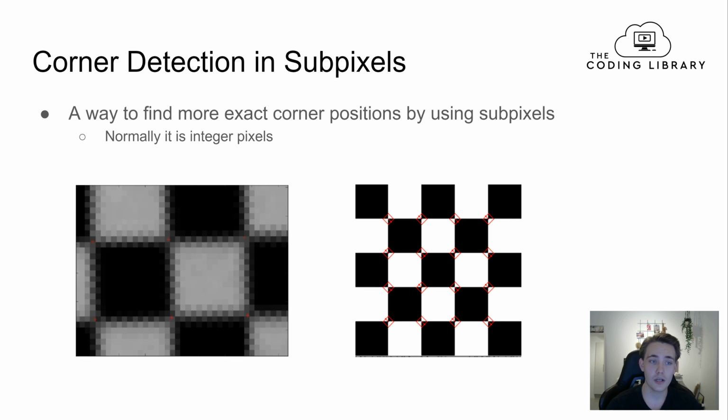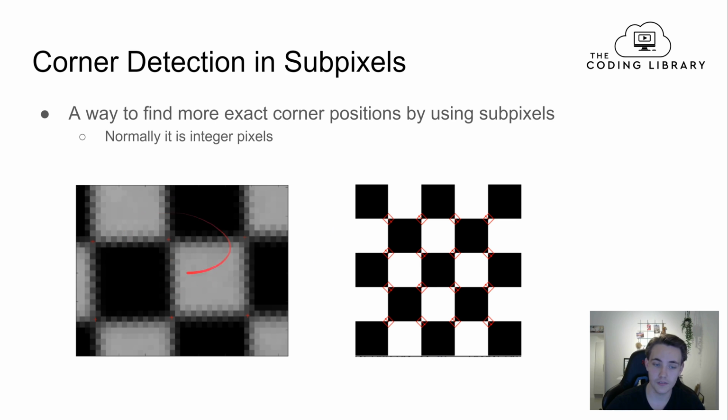So another thing that we can do to get more exact corner positions is to do corner detection in subpixels. So a way to find more exact corner positions is by using subpixels.